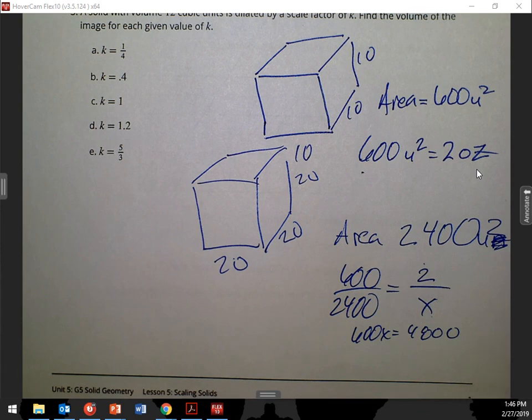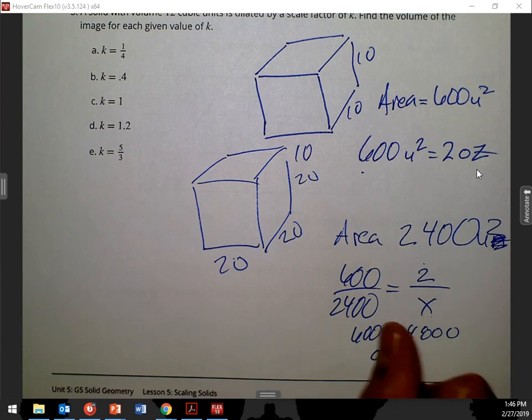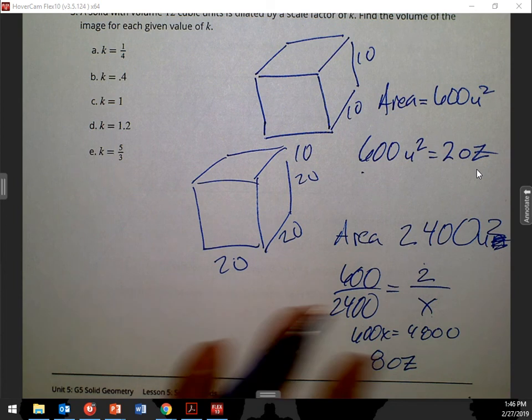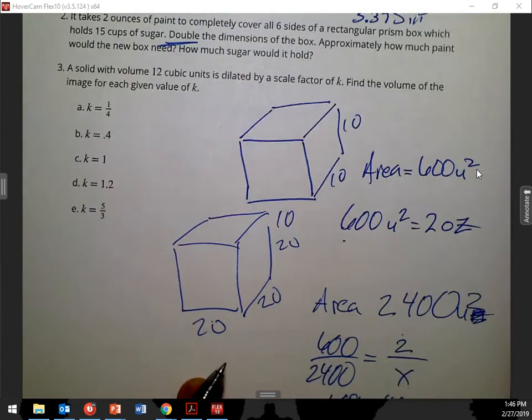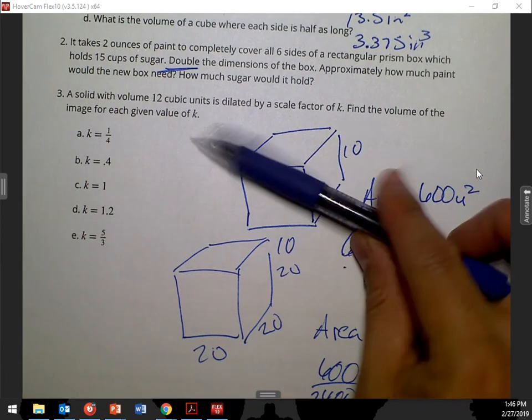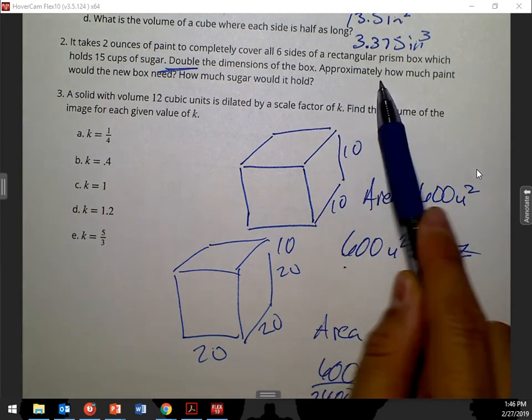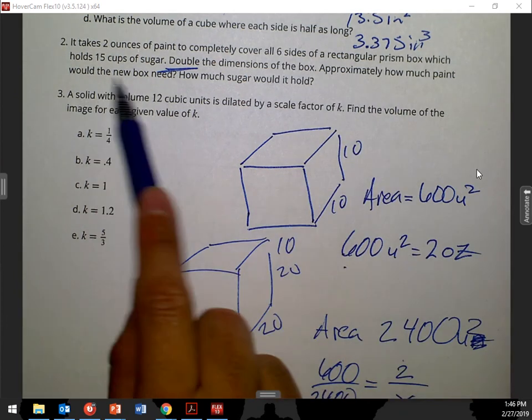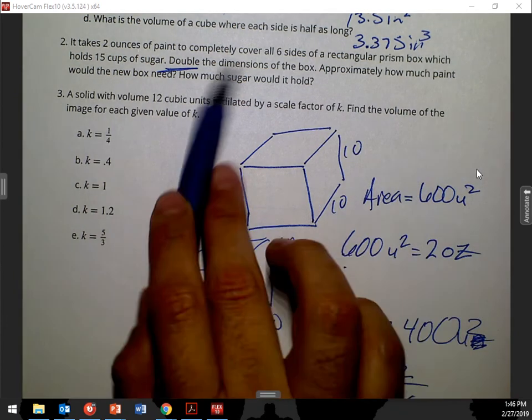Yep, should be 8. So that is 8 ounces. So now I just found the 8 ounces, and that went with this one, right? Yeah. So double the dimensions of the box. Approximately how much paint will the new box need? Okay. How much sugar would it hold?